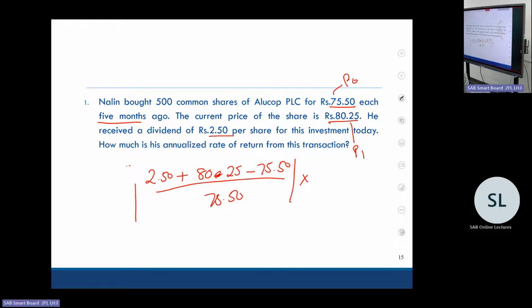If you take 30 days, then it is 150, divided by 150, into 360. So for the final answer, you have to multiply by 100 to put it as a percentage.